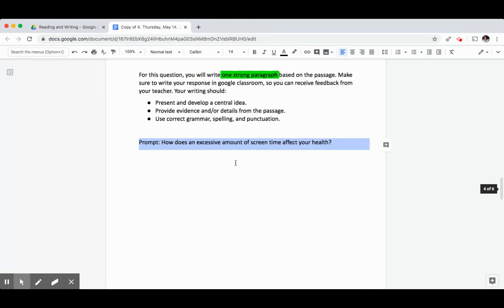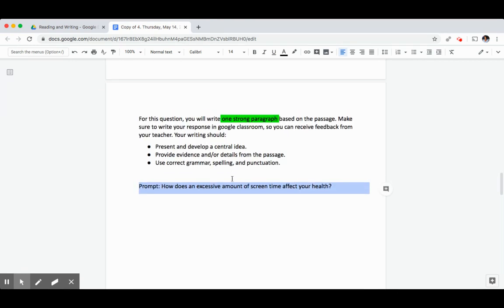So today, I want you focused on finding 3 strong pieces of evidence that connect directly to your assertion and help to prove it true. And your evidence should be specific and it should give specific details about your assertion. After you are done reading the text and finding your evidence, you are writing 1 strong paragraph responding to the passage.